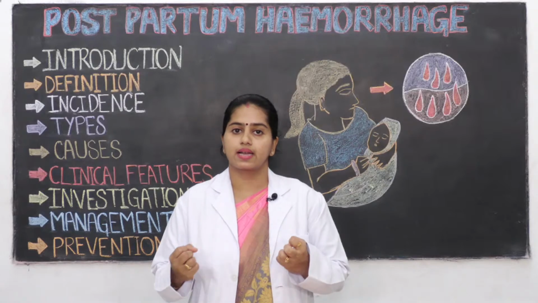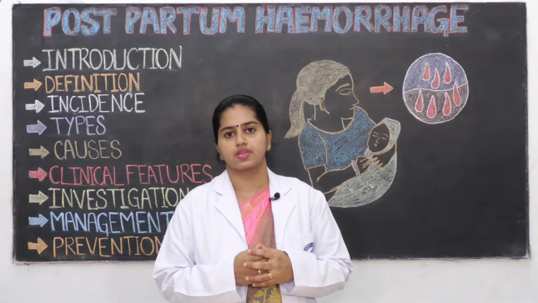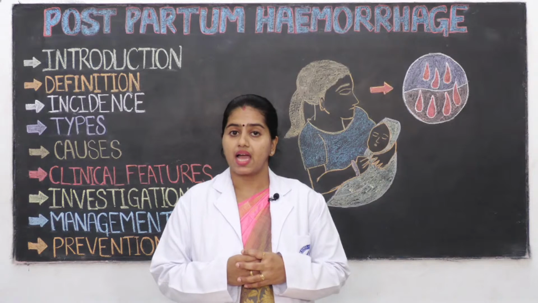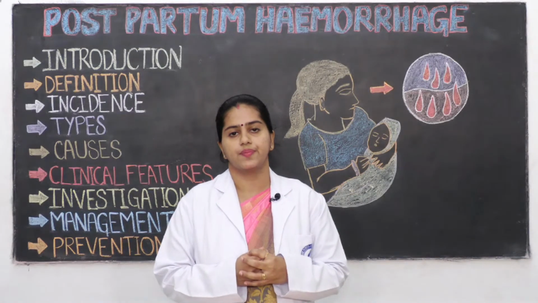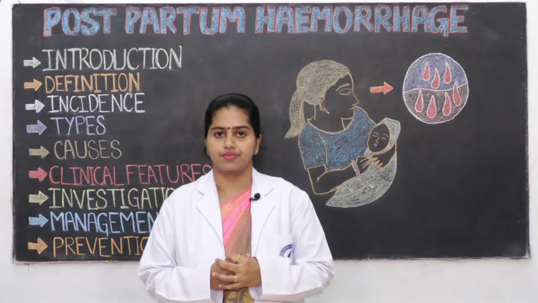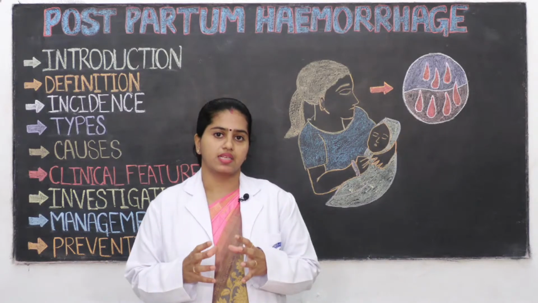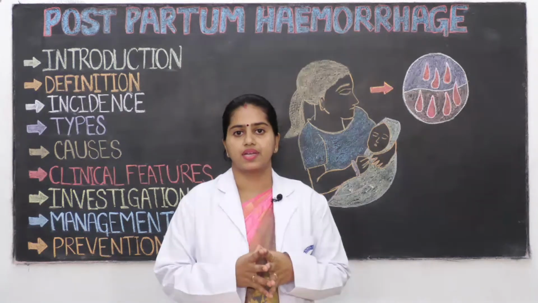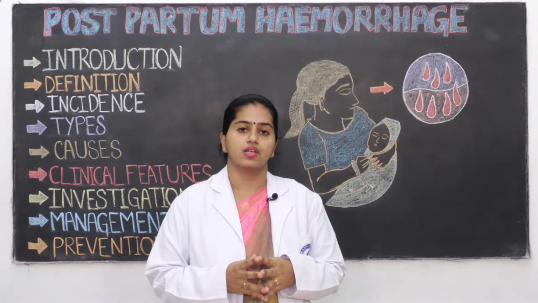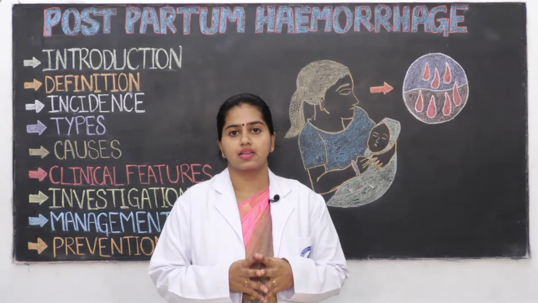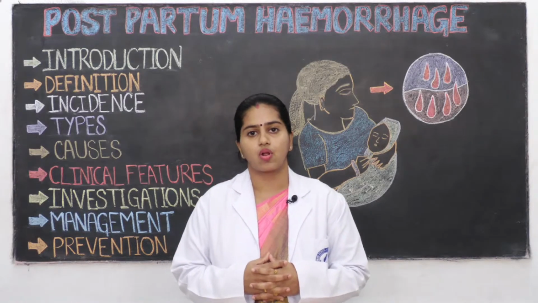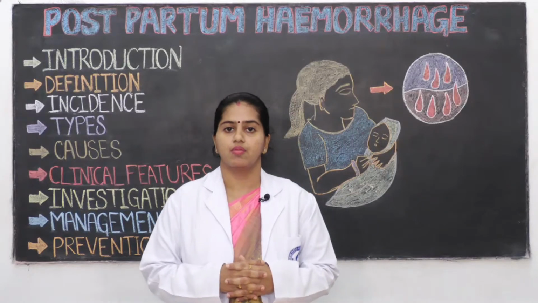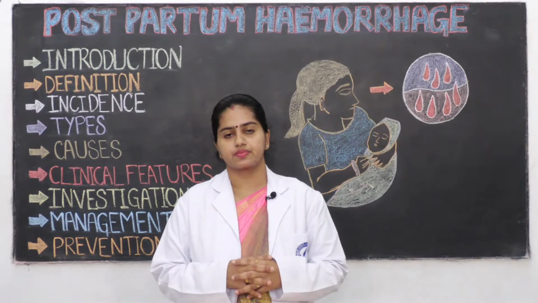And the woman has cold, clammy skin and extremities, and pallor can be seen in the eyes, tongue, or all over the body. Pallor can be identified, and these are the major signs. And sudden collapse can happen, even maternal death can happen. So these are the major clinical symptoms, and also dyspnea and sweating. So these are the problems we can identify from postpartum hemorrhage.